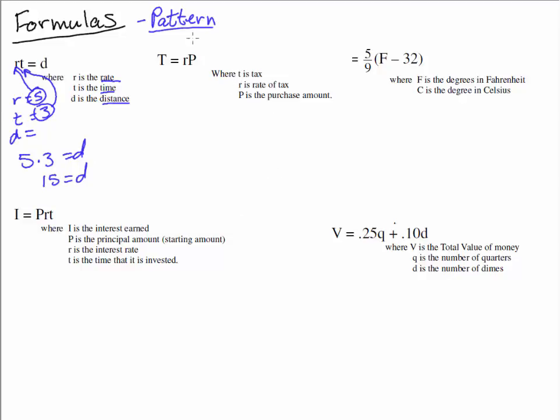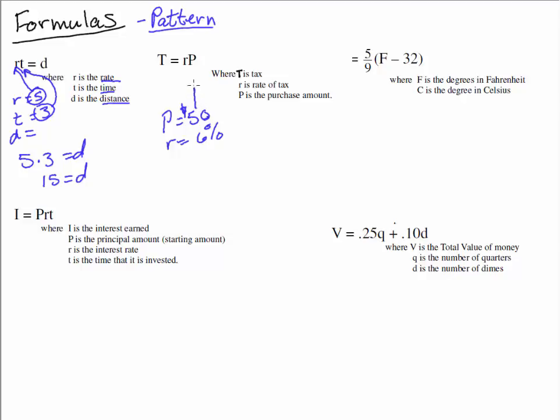Here's another one. We've done problems where we had to do sales tax on a purchase or increase or decrease of something. Tax is the rate of tax and the purchase price, the purchase amount. So if we know that our purchase amount is like $50 and the rate of tax is say 6%, then we use this formula to compute what our actual tax is.